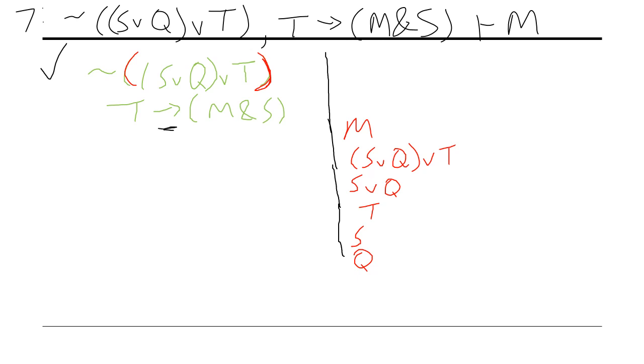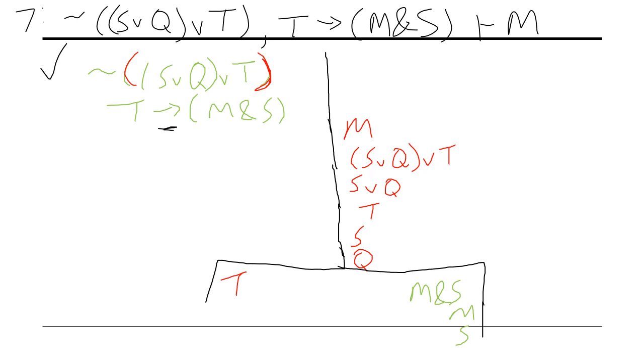Moving on to this one. This one's main operator is an arrow. And for an arrow, same thing as we've been doing. Left side is false, right side is true. Then, to break this one up, we just have to stack them. Breaking up this ampersand just gets us to the M and S. And then we've already got an M by itself as our conclusion.